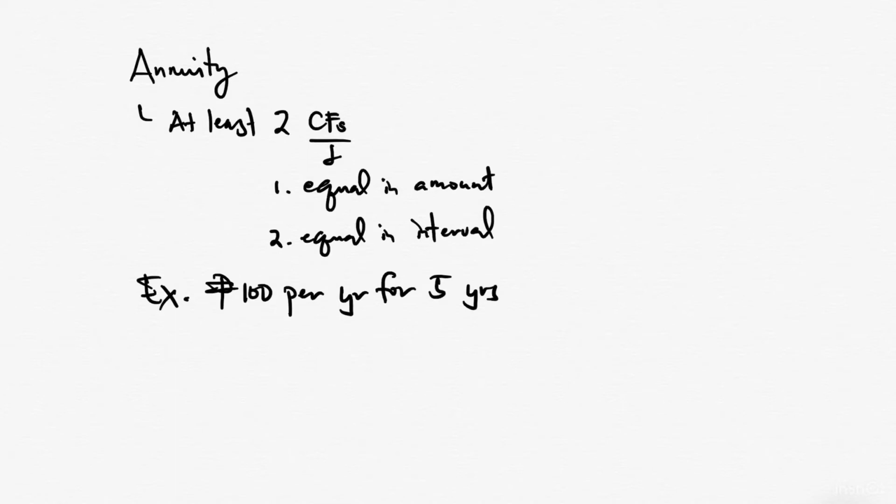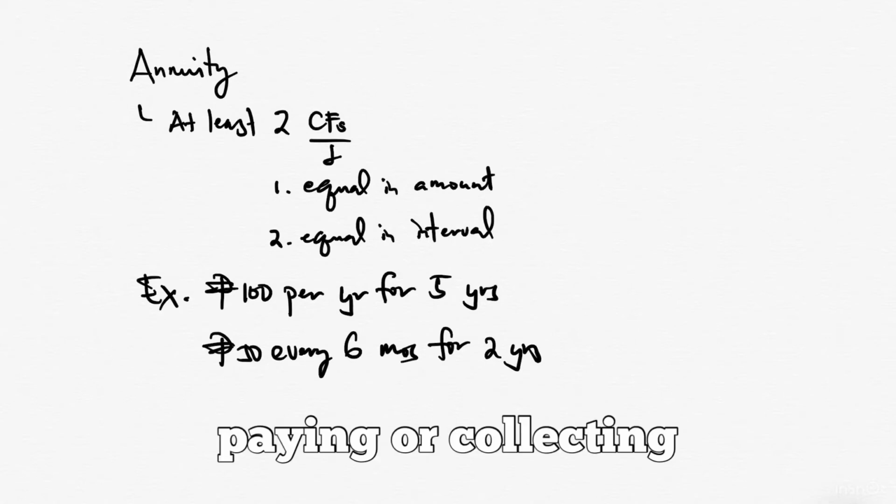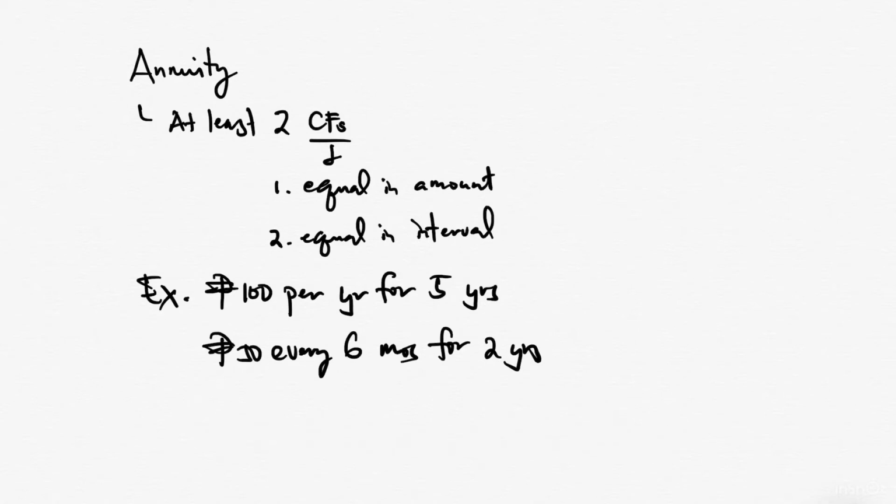Another example is, say, 50 pesos every 6 months for 2 years. So same case, you will be paying 50 pesos consistently, and it will be equal in interval also because you will be doing it every 6 months.